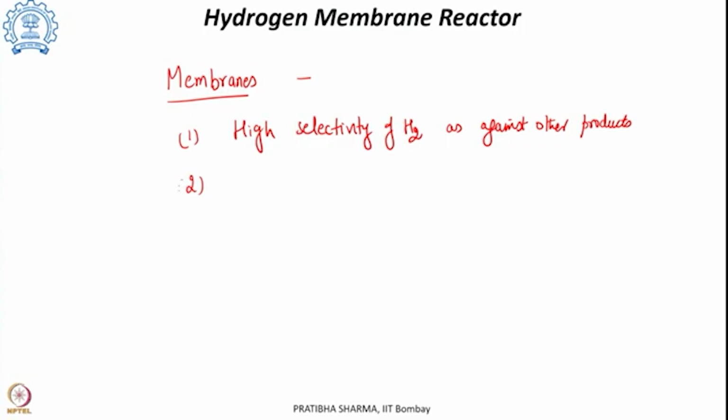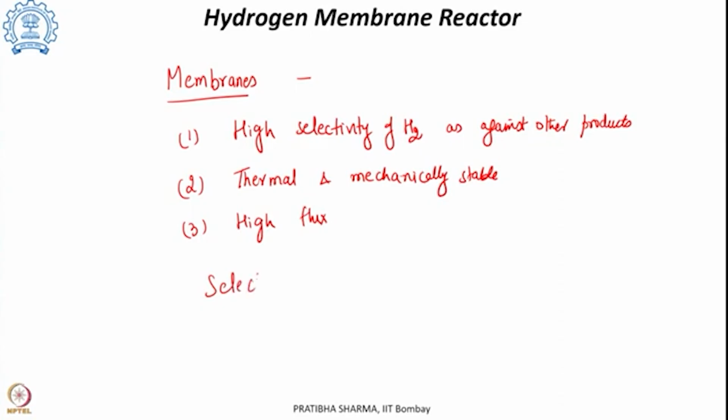They should be thermally and mechanically stable, and they should be able to provide high flux. So, hydrogen can be selectively removed using a hydrogen permeable membrane which should have all these characteristics.